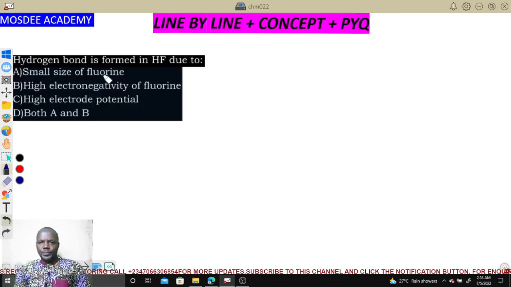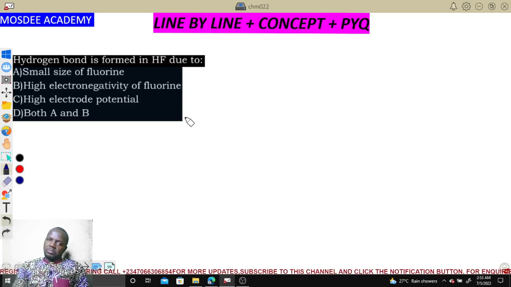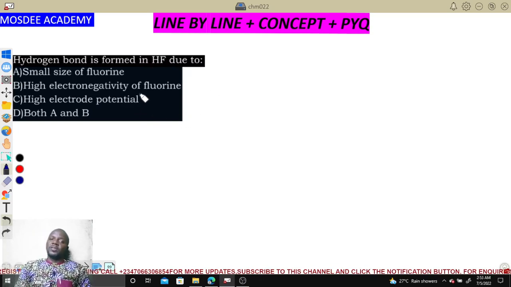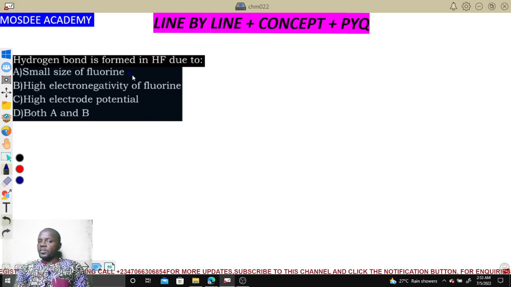This is a simple question you can expect at any level. The next one. Hydrogen bond is formed in HF due to dash. Now, the hydrogen bond that is formed in this is because of the small size of fluorine, the high electronegativity of fluorine. The size of an atom does not actually justify, whoa. Yes, it's correct. I will explain why it is correct. We have to understand. It is not about cramming, it's about understanding. Now, I said fluorine is highly electronegative. That is why it formed hydrogen bond.